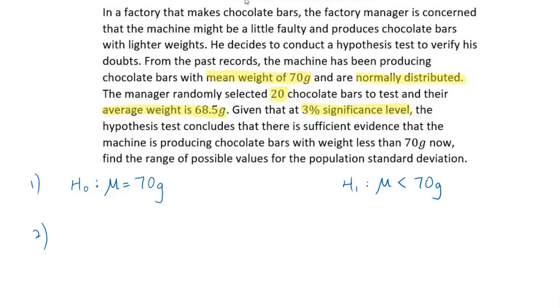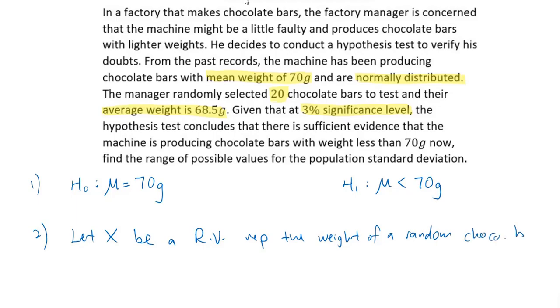Then step 2. I like to write down the random variable. Let X be a random variable representing the weight of a random chocolate bar. Short form, chocolate bar. What do we know about X? We know that the mean of X, which is the population mean, is given as 70.